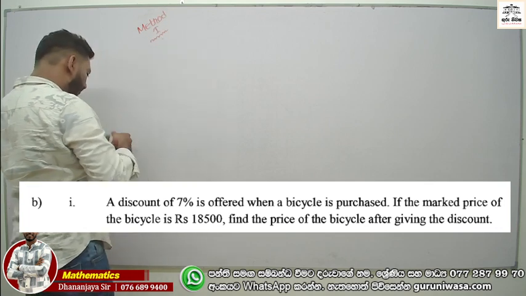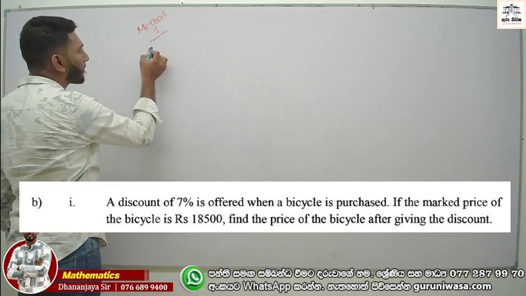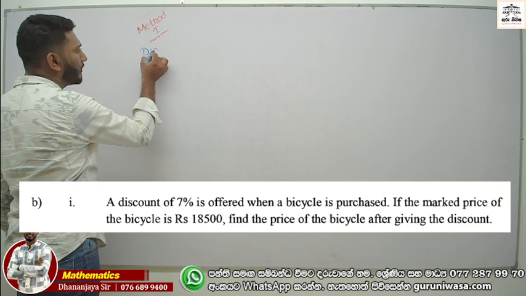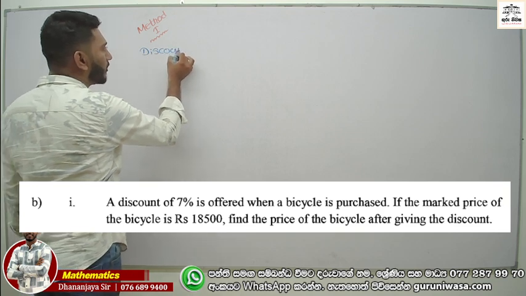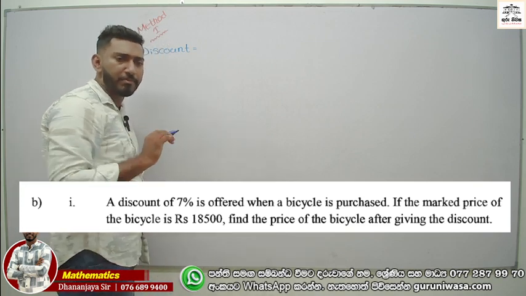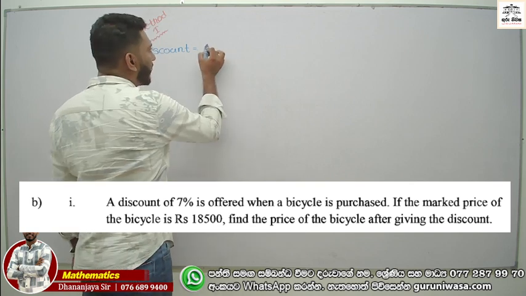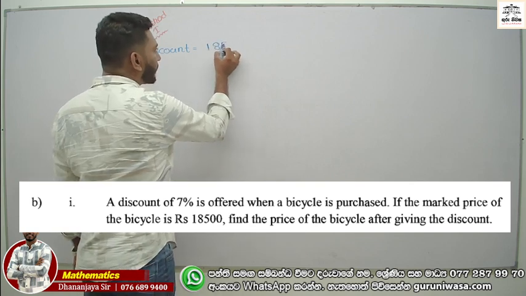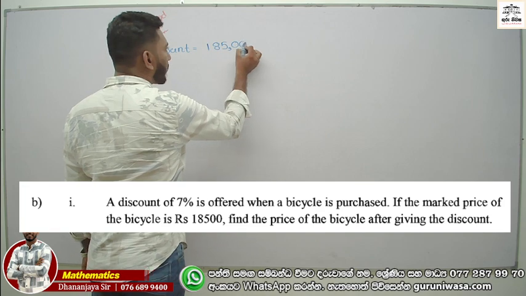Firstly, you need to find the answer for the discount. How to find the discount? Discount is 7% of the mark price, 185,000.